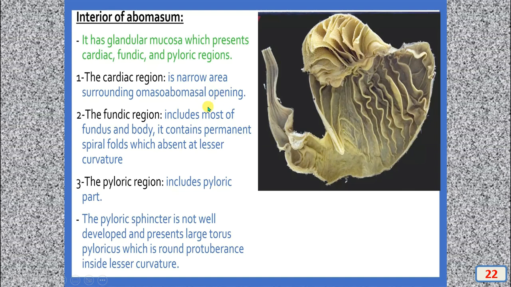The fundic region includes most of the fundus and the body, and it contains the permanent spiral folds which end at the lesser curvature. The pyloric region includes the pyloric part. The pyloric sphincter is not well developed and presents a large torus pyloricus, which is a round protuberance inside the lesser curvature.